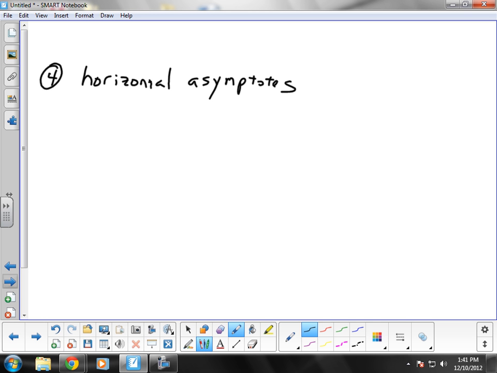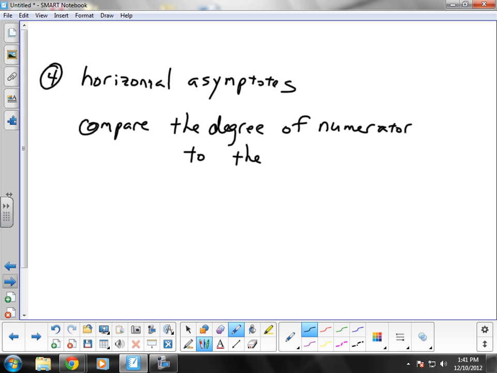Remember that the way we discover what kind of horizontal asymptote we have is we have to check and compare the degree of the numerator to the degree of the denominator. Everybody remember this? Okay.